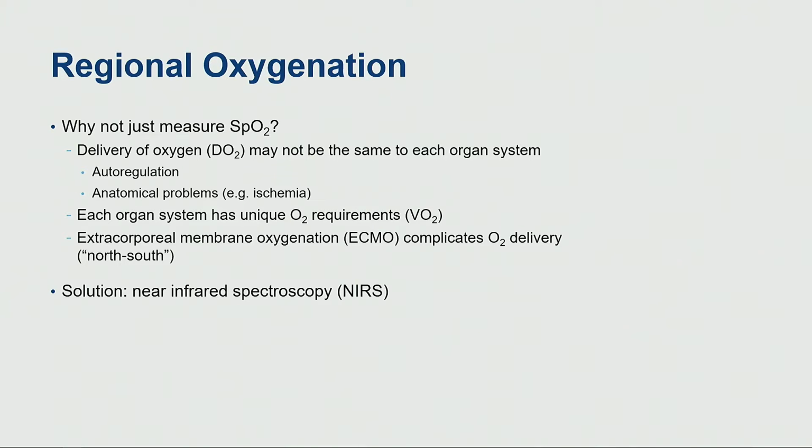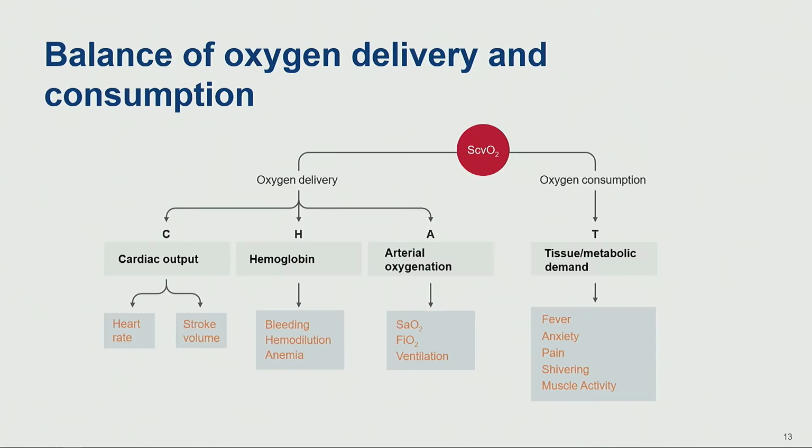And because each organ might have its own unique oxygen consumption requirements, we do need to focus on organ-level oxygenation if we really want to see how our organs are doing in terms of the VO2 DO2 balance. I'll talk a little bit about the north-south syndrome in the slides to follow, but yes, near-infrared spectroscopy does get us closer to monitoring oxygenation at a regional level instead of a global level.